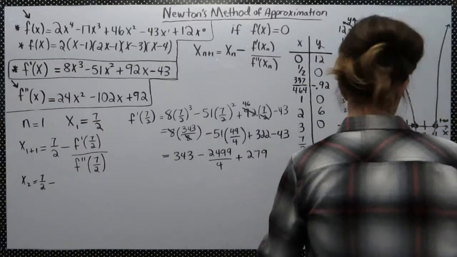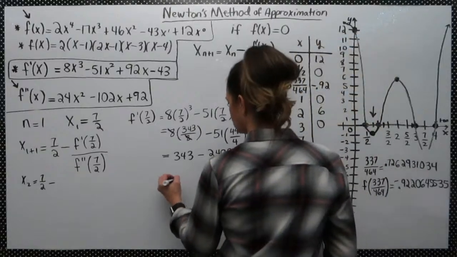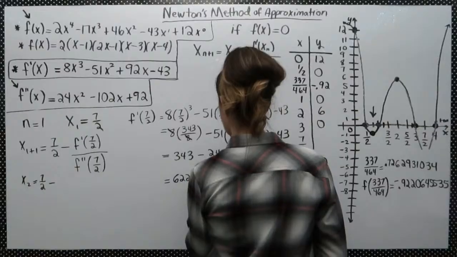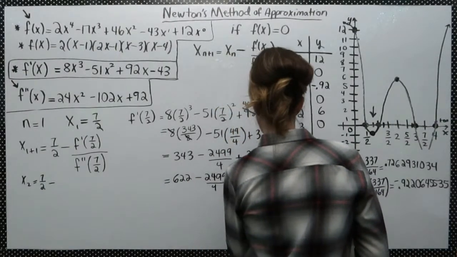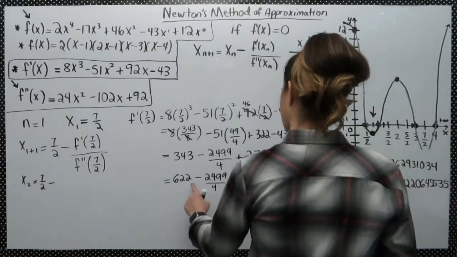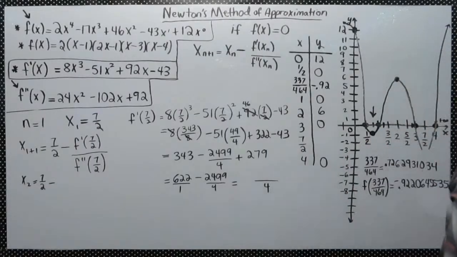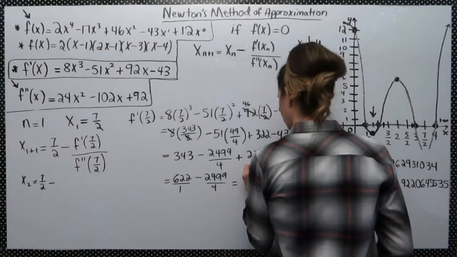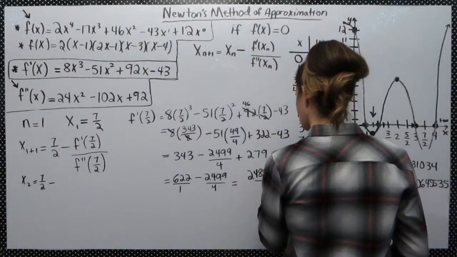343. Okay, so I'm getting 622 minus 2,499 over 4. So we'll get a common denominator of 4. 622 times 4, 2488. 2488 minus 2499.